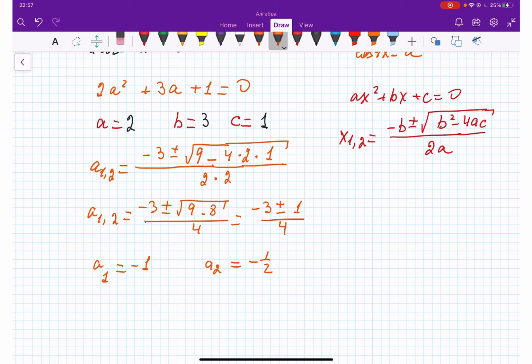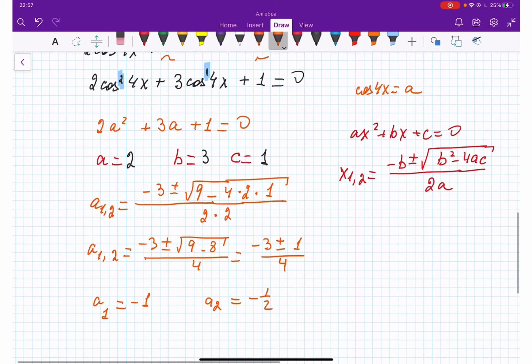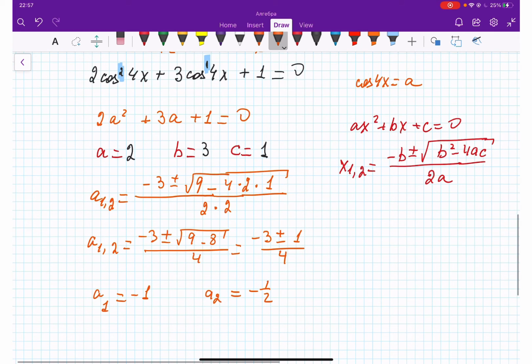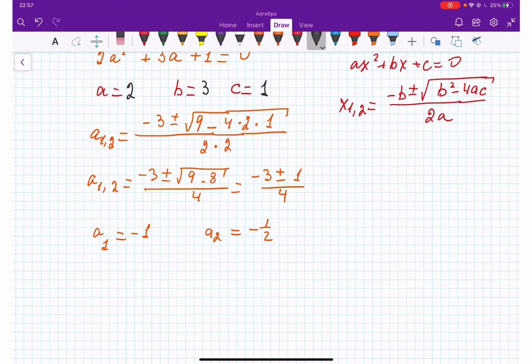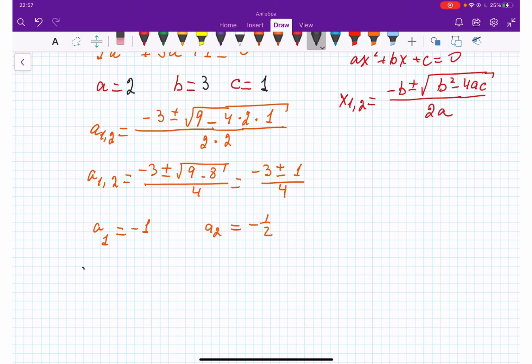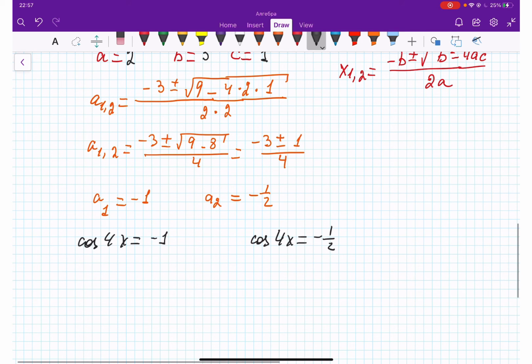Okay, so now let's bring back the substitution. We substituted cosine 4x, right? That is equal to a. Bringing back the substitution, cosine 4x is equal to negative 1, and here cosine 4x is equal to negative 1/2. So from here, 4x, when cosine is equal to negative 1, is at the point of pi, right?